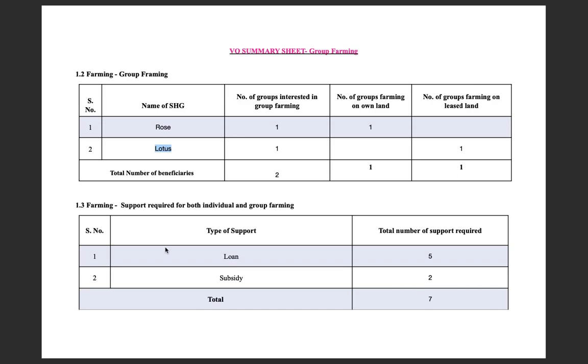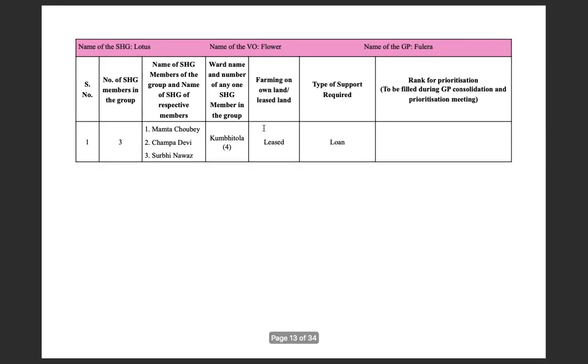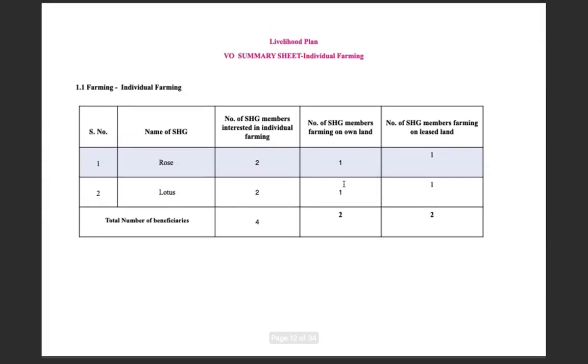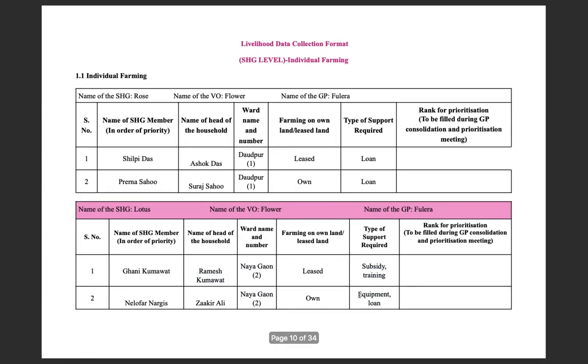Now, while filling in the VO summary sheet for group farming, what we also have to understand is that we will fill a summary sheet for the kind of support that is required for both individual and group farming. So for the support, like loan, we will go back to the SHG sheet and see 1, 2, 3, 4, 5.